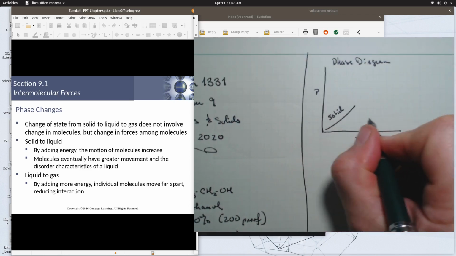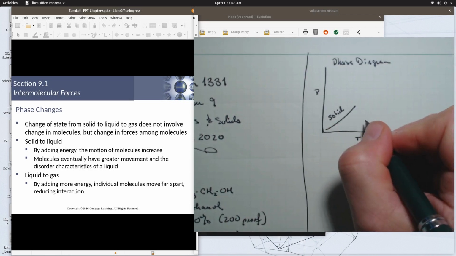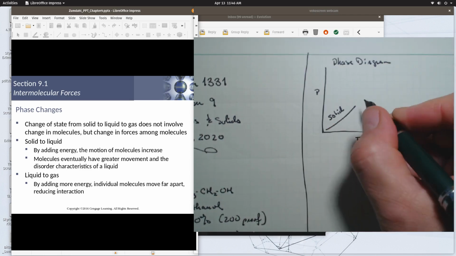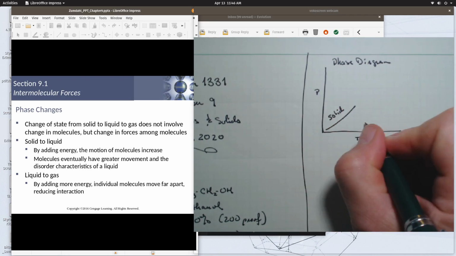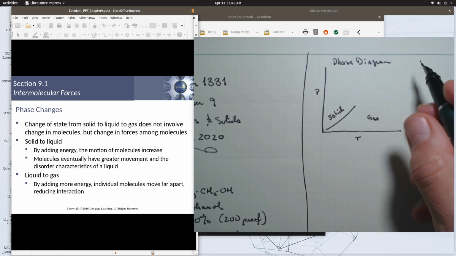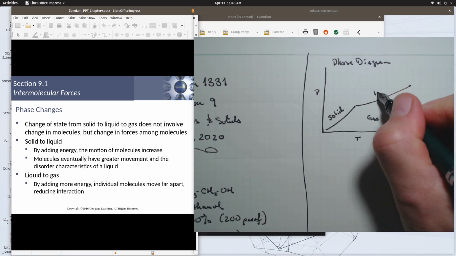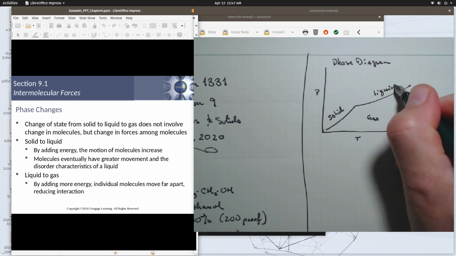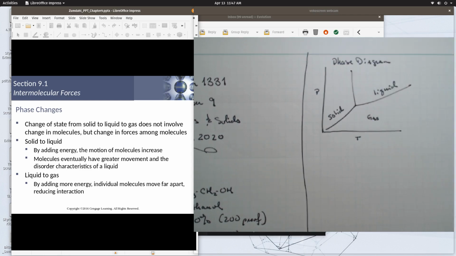The solid can melt to form a liquid. As I have low pressure and higher temperature, I'm going to have a gas. And I might even have a boundary between the gas and the liquid, and a boundary between a solid and a liquid.